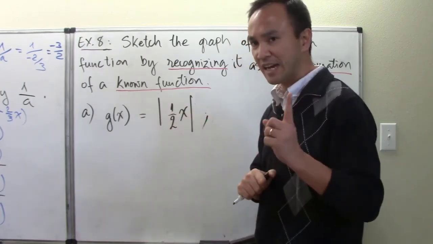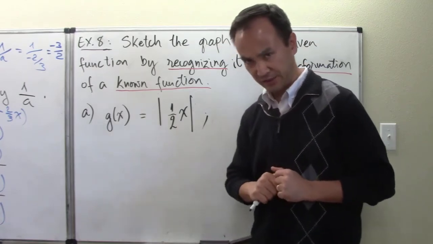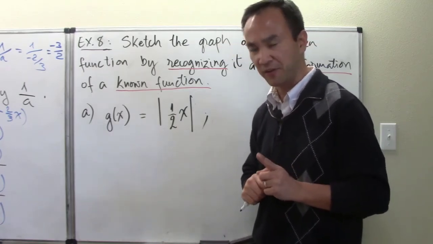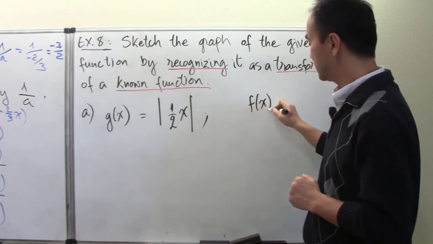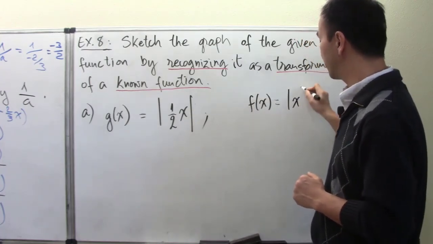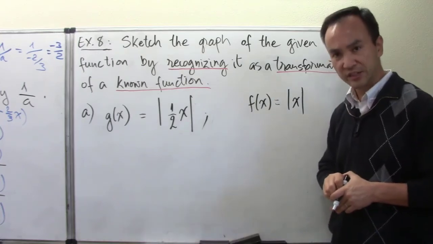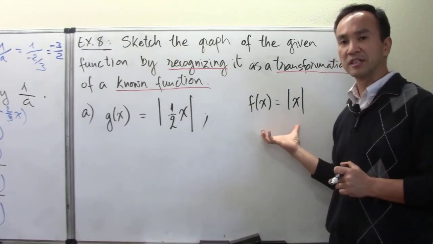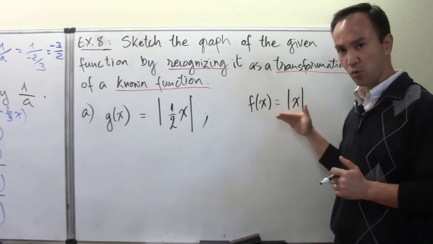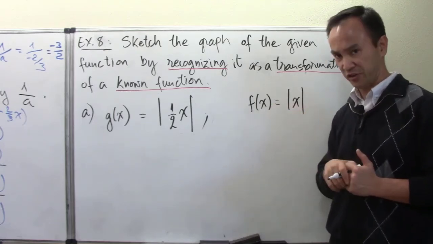That immediately rings a bell that we have seen this function, f of x equals absolute value of x. This function was introduced back at the lecture where I introduced the toolkit functions. So this is indeed one among the toolkit functions.